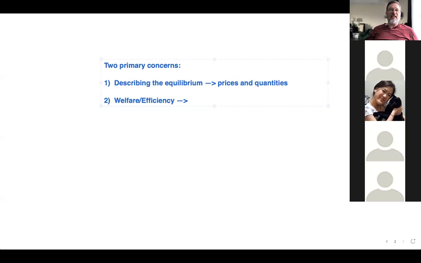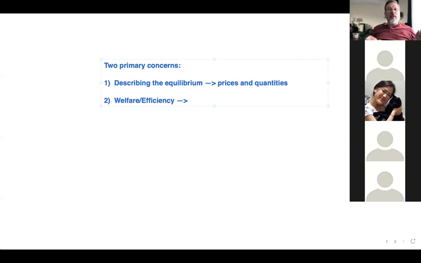Okay, so it's important that you understand going forward that when we talk about social well-being and we see, let's just call it a high price for something, sure, there are individual winners and losers in the market. Consumers may be worse off and producers may be better off, or it might switch around, where prices drop and consumers are better off and producers are worse off. But we do not differentiate.